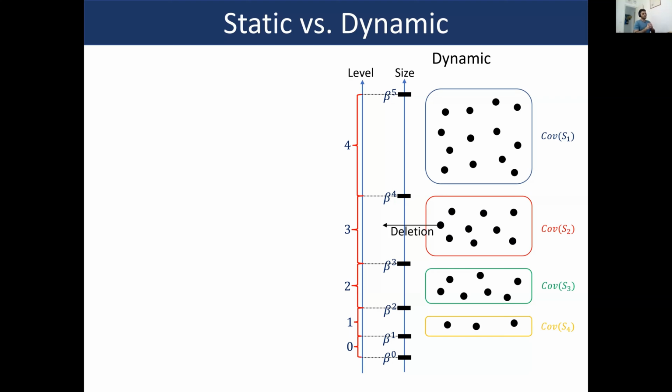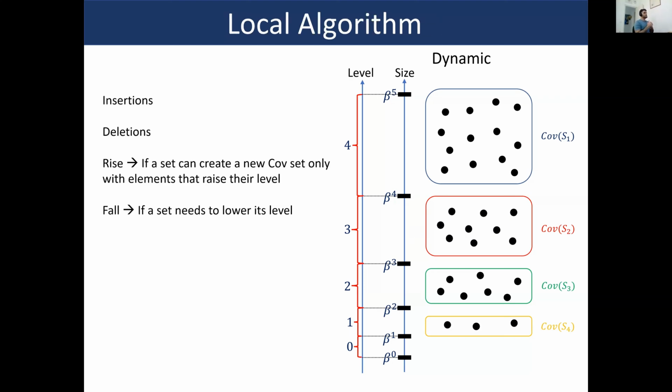And in deletion, all I do is just remove it from the cov set. So that's pretty much the algorithm. I have insertions, I have deletions, I have rises, which is when I want to create a new cov set at a higher level, so that I can still obey the ideal guarantee. And also falls, the other way, so that I could still obey the ideal guarantee.